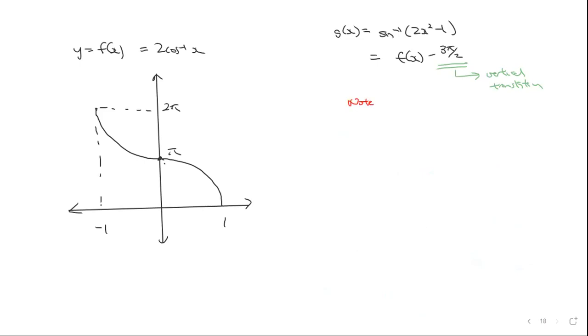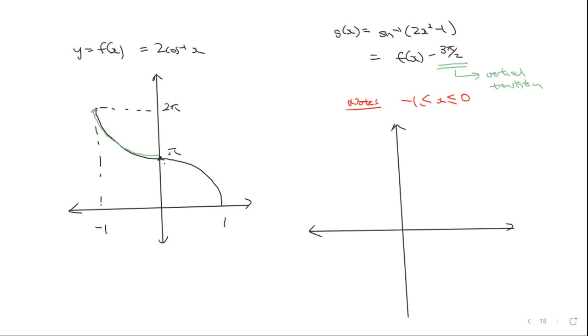note that the question is x is from 0 to -1. So we'll only take this branch. We'll only take this branch. And we'll shift it down by 3 pi over 2. So that means from pi, it's going to go to -pi over 2.